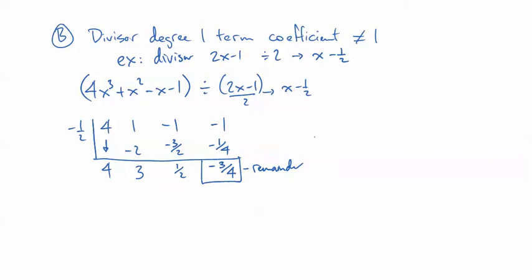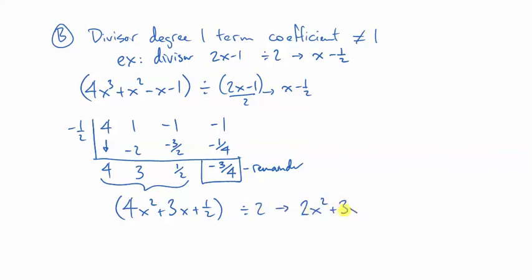Okay, now the quotient that I get is actually not the correct quotient, because don't forget I didn't divide by what I was asked to. I had divided by half of that value. So I need to take this quotient result and I need to divide it by 2 as well to get 2x squared plus 3 over 2x plus 1 over 4 as the correct quotient.